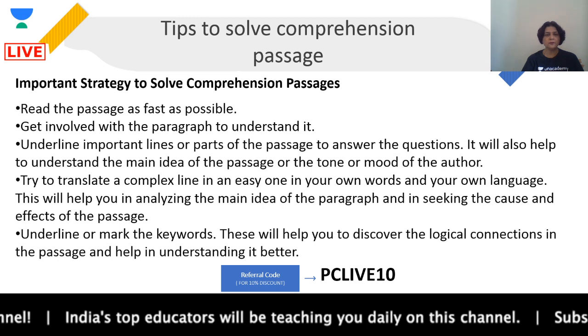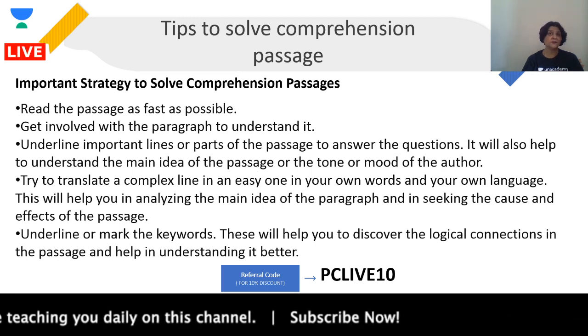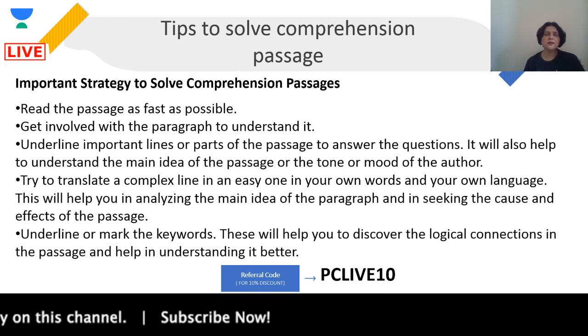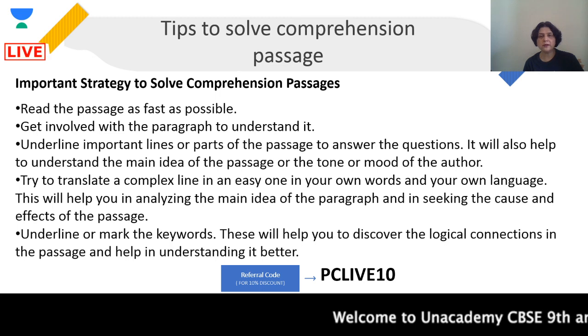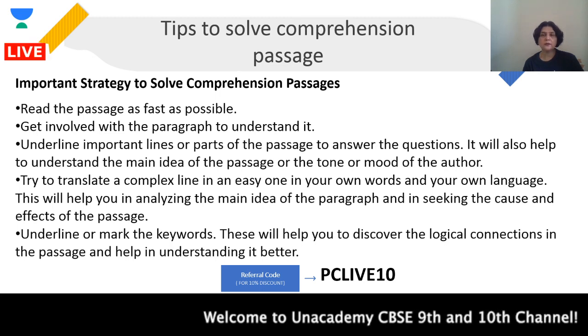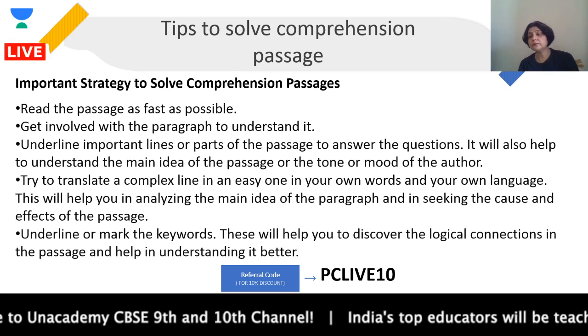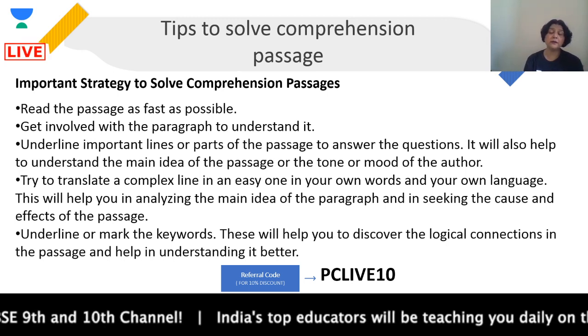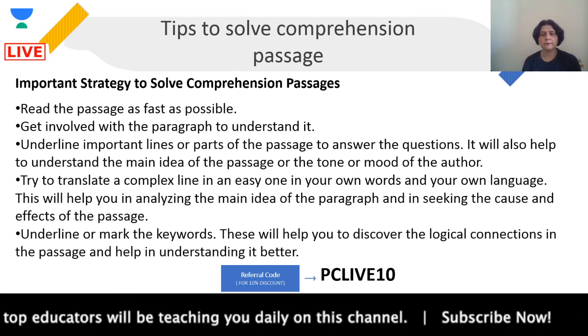It will also help to understand the main idea of the passage or the tone or the mood of the author. Of course, somebody has written the passage, and you have to understand what kind of tone the passage involves, right? Sometimes there are indirect questions: through these lines, what is the author trying to say?